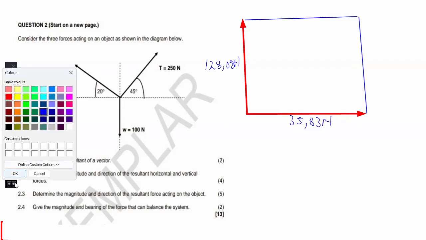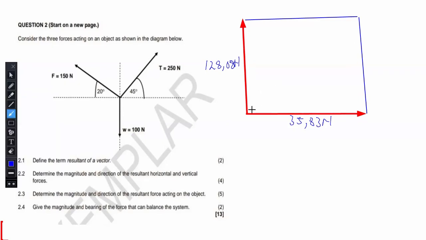I just simply insert it here like that. There we go. Now, to calculate the resultant, we do understand that if this is a parallelogram, these are both parallel and equal.